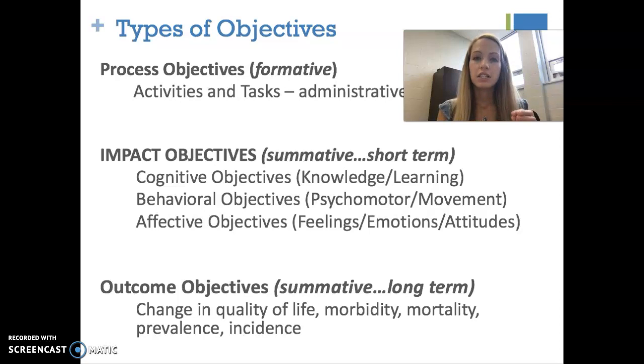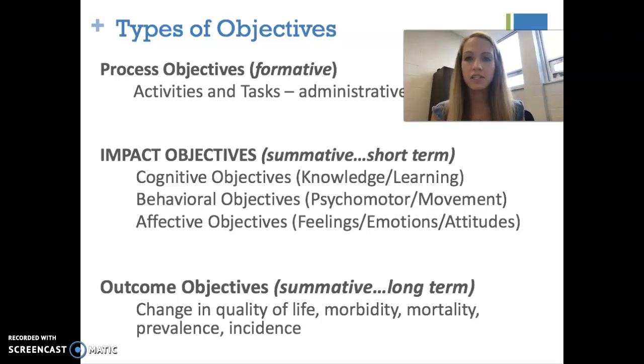So let's look at these each. Cognitive objectives are those that produce knowledge or learning. These are things that the participants will learn and achieve, new skills they'll learn, and these are all cognitive objectives. Behavioral objectives, these are psychomotor or movement objectives. And again, we'll break down these.